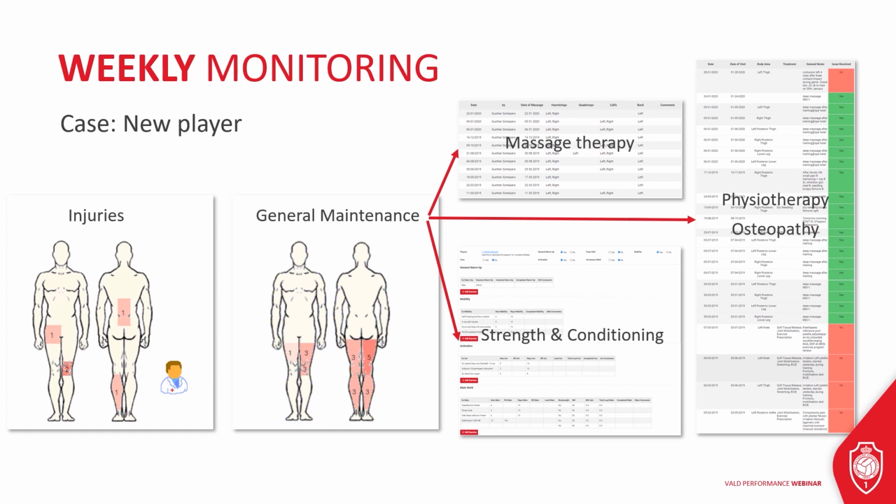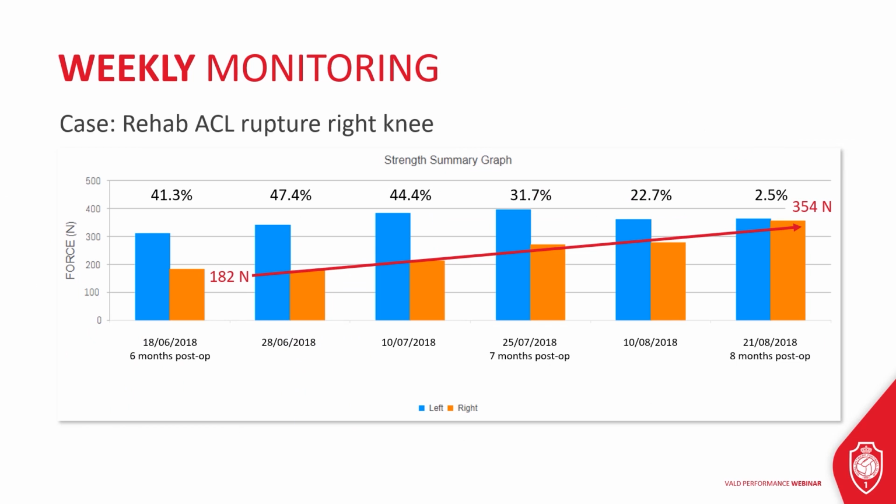sometimes it works the other way. For instance, in this example, a player coming back from an ACL rupture at the right knee, tested 6 months post-operation on the Nordic hamstring exercise on the Nordboard.